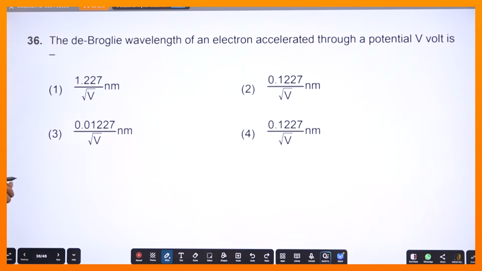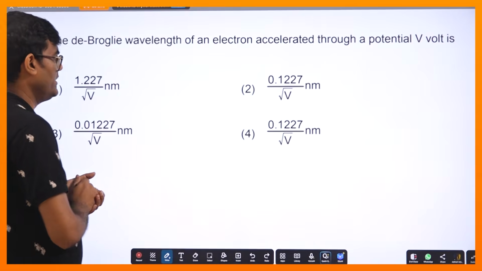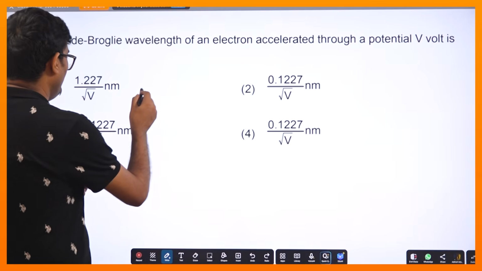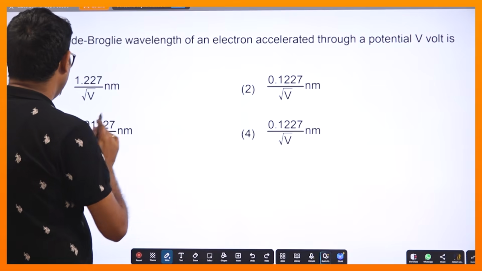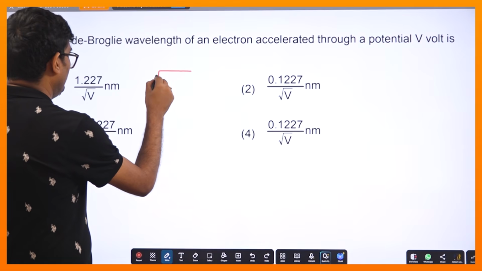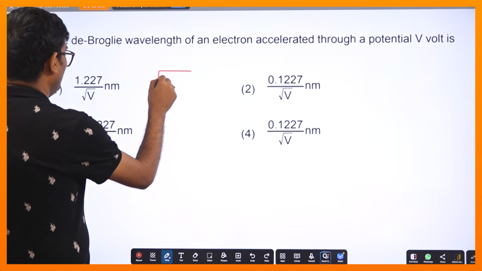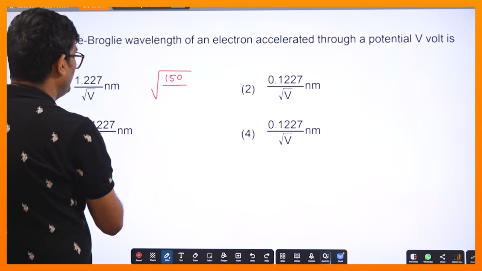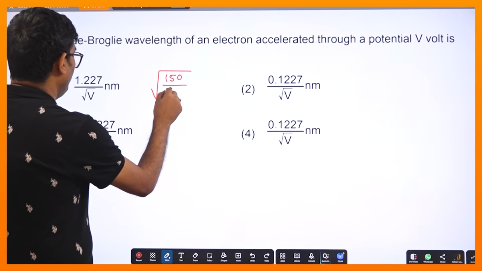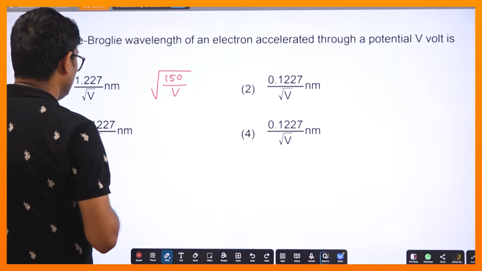De Broglie wavelength of an electron accelerated through a potential difference V. There is a formula you should remember. Again, I don't exactly remember the formula, but I think it is root over of 150 divided by V, something like that.